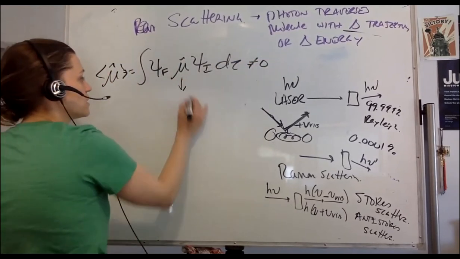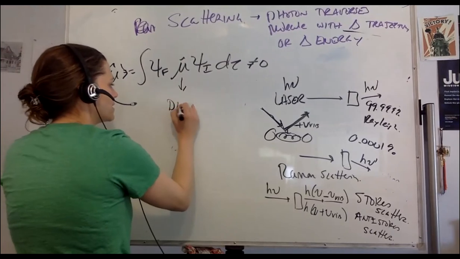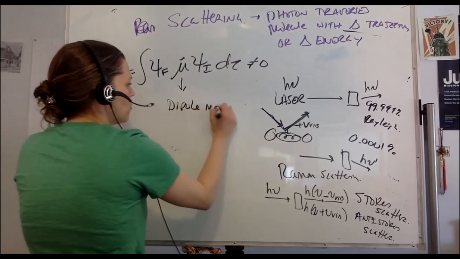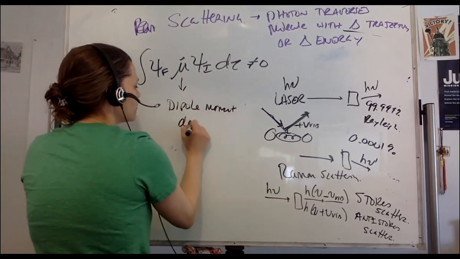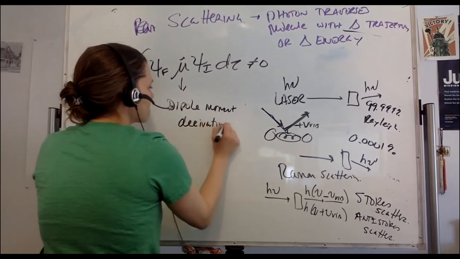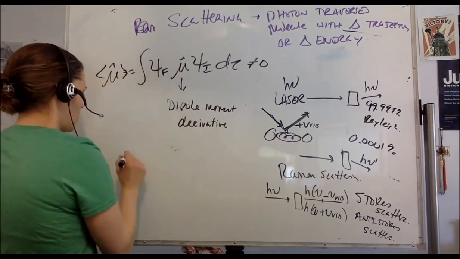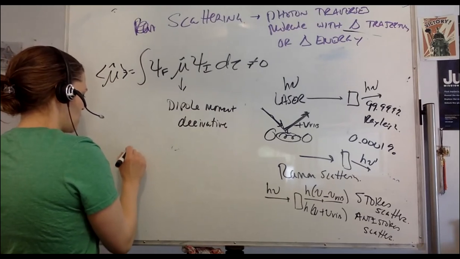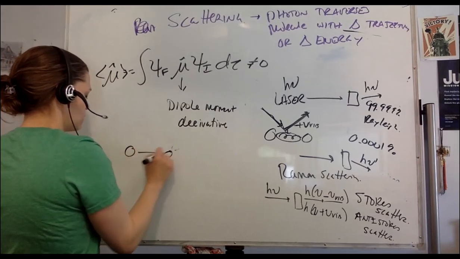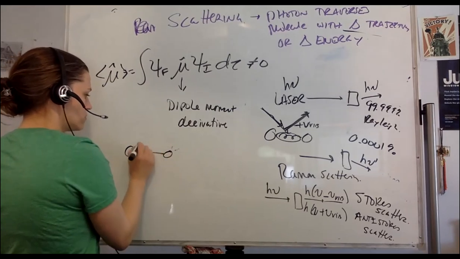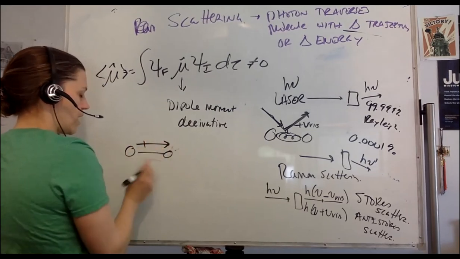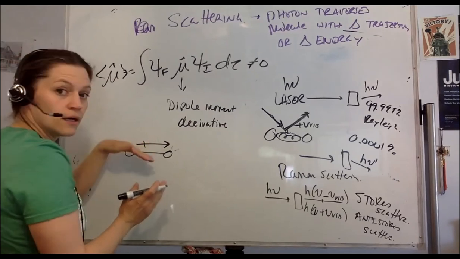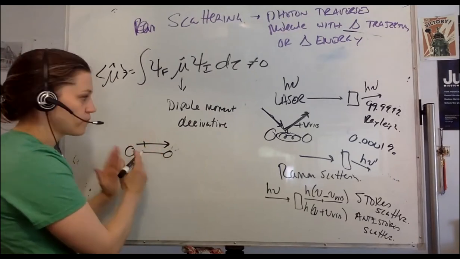This is what's called the dipole moment derivative, which means you have a molecule, let's say, that has a dipole, and that dipole is oscillating upon the vibration.